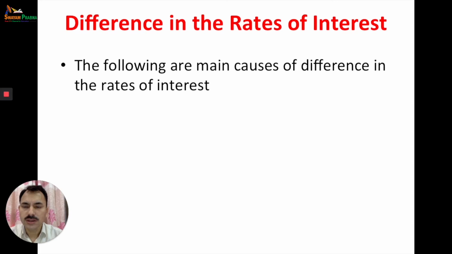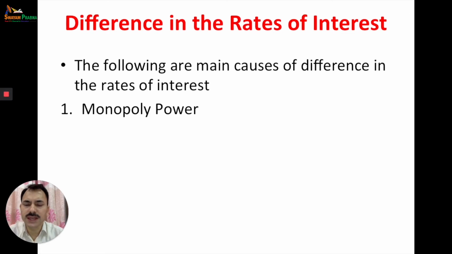Now, there are differences in the rate of interest. Why are there differences in the rates of interest? This is due to monopoly power. Monopoly power means when a single person controls the whole supply in a market.